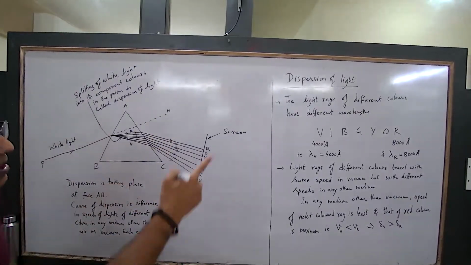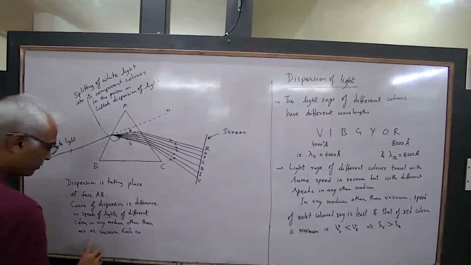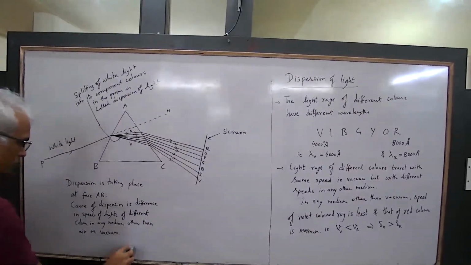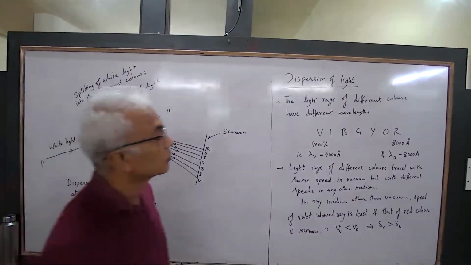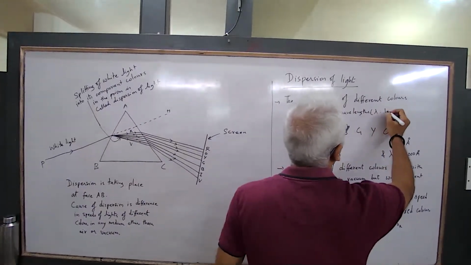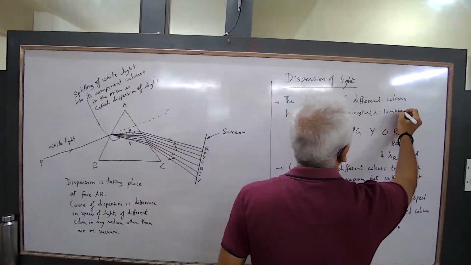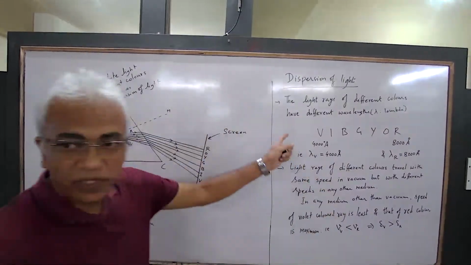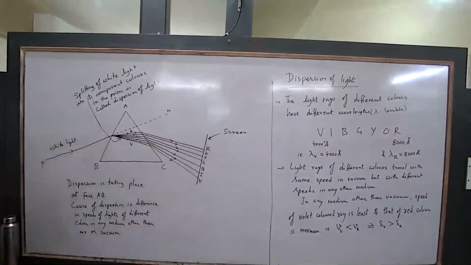Light is of different colors. What is the symbol of wavelength? Lambda. And the suffix represents the respective color.